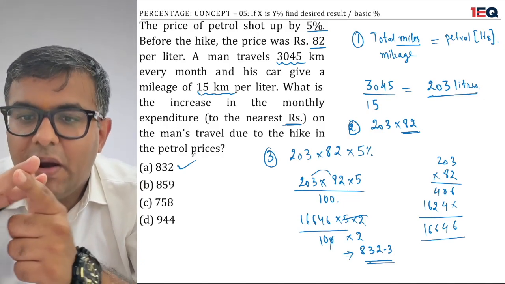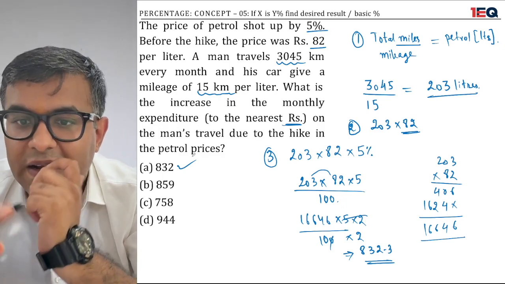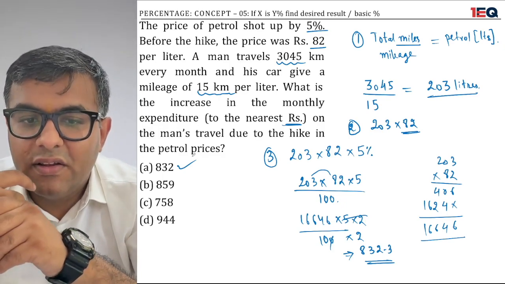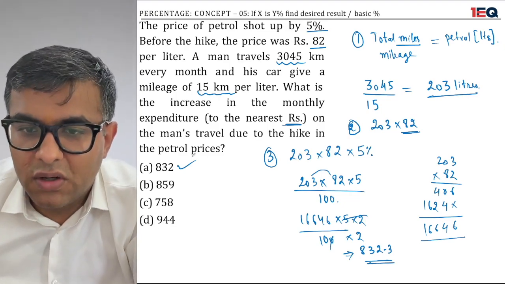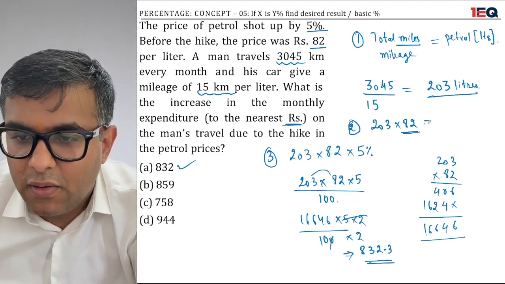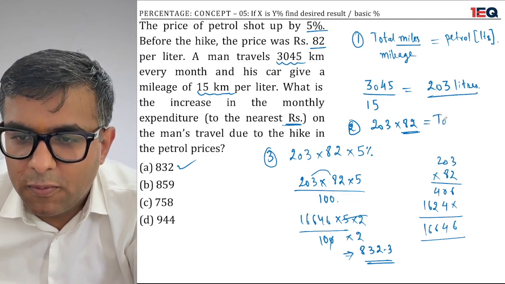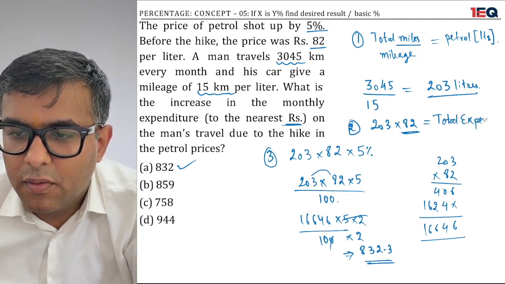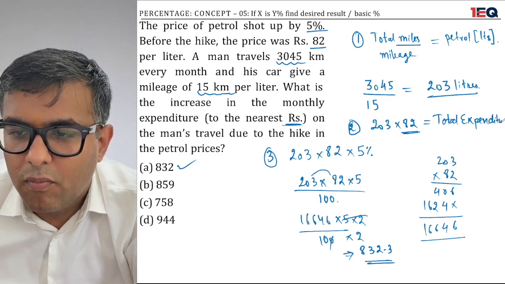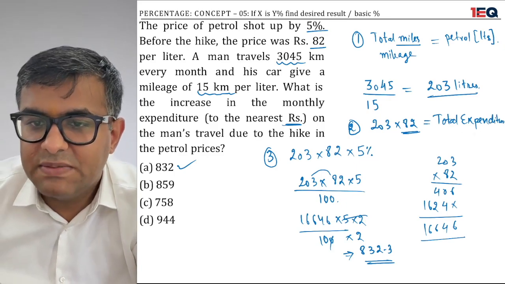In the second part, there is 203 multiplied by 82. The 203 is multiplied by 82 because I need to know what is the total expenditure.